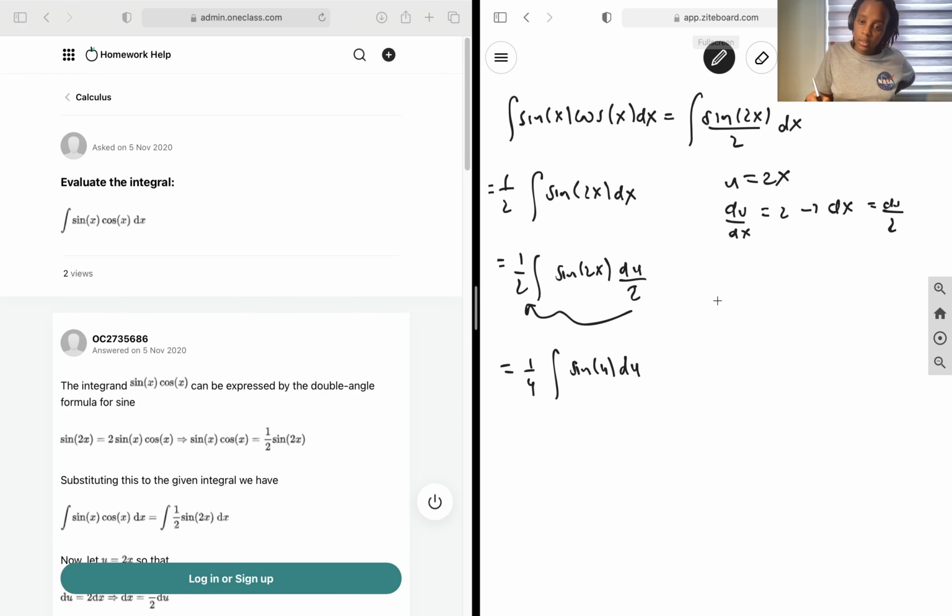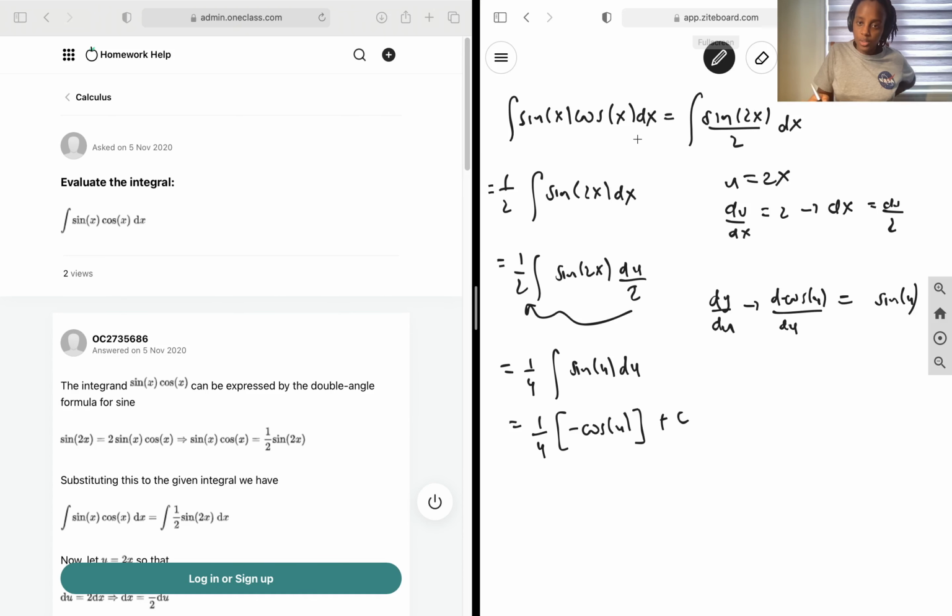And we know that dy over du, if y is equal to cos u, is equal to negative sine u. But now we want positive sine u, so we're going to have negative cos u here in order to get positive sine u, which means that our answer is going to be 1 over 4 times negative cos u plus c.